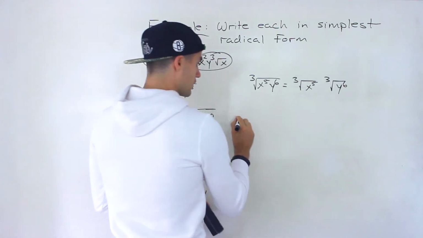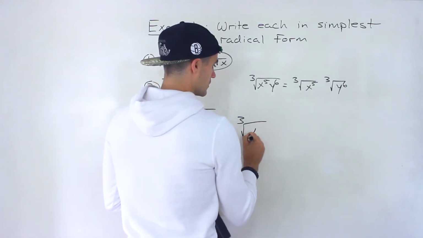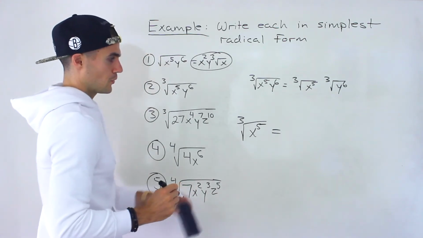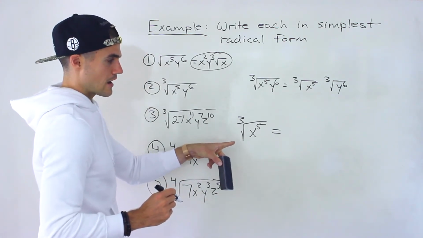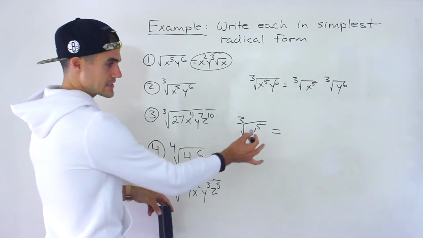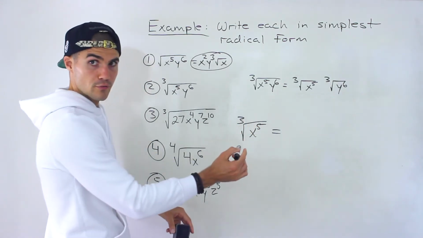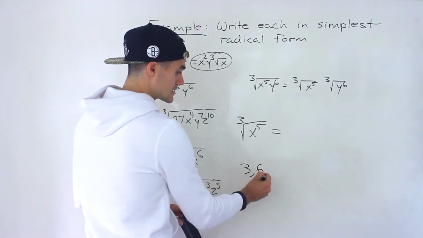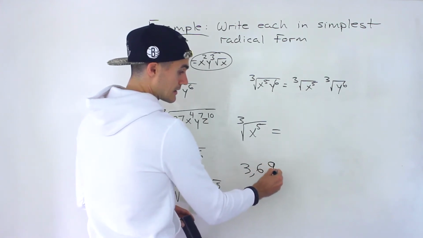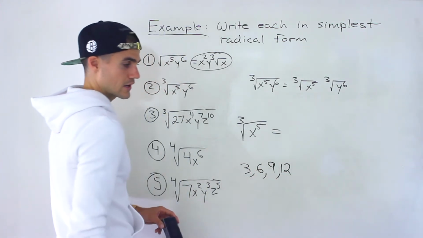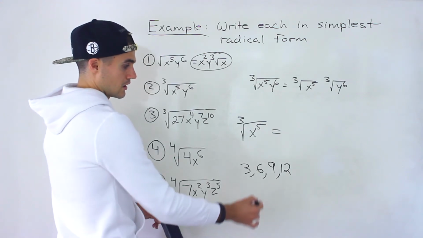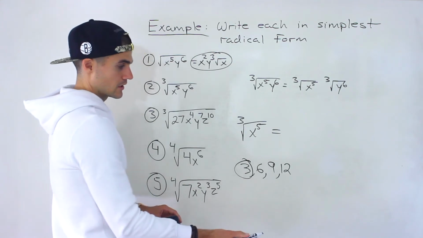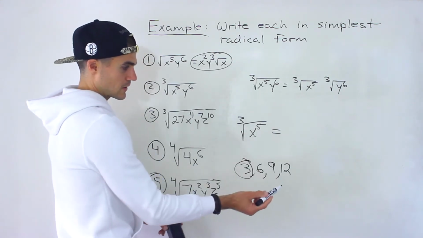So starting with the third root of x to the 5, what we want to do is break down that x to the 5 to be a number that's less than or equal to 5, but a multiple of 3. So what are some multiples of 3? 3, 6, 9, 12, etc. So out of these, the highest number that's less than or equal to 5 is 3, right? 6 is not going to work because it's greater than 5.